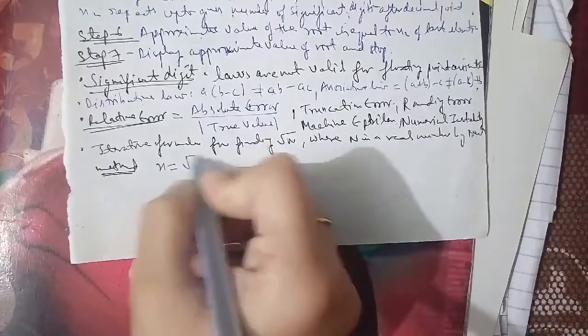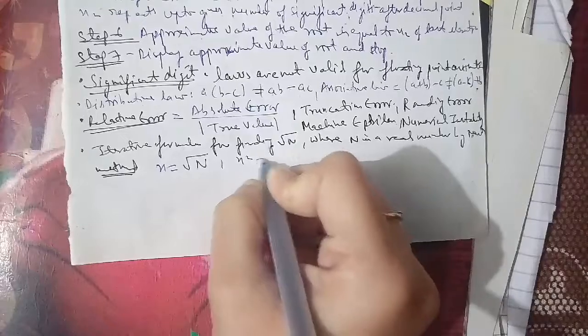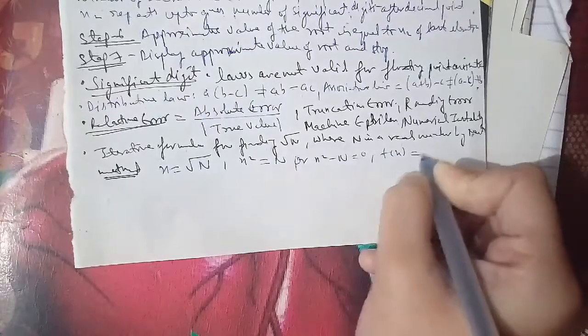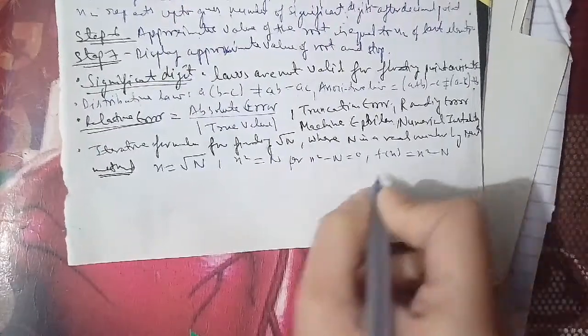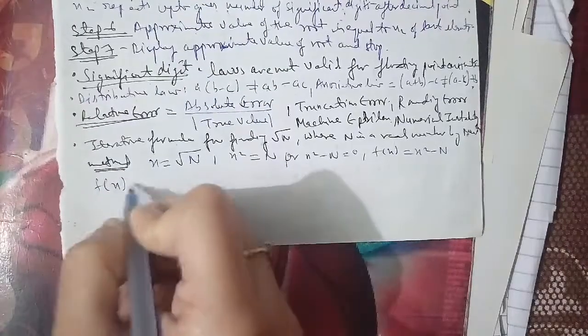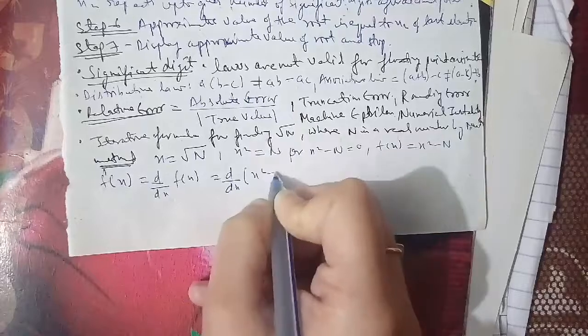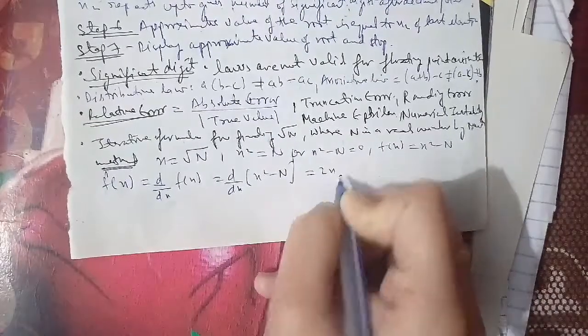So for the same we go ahead here, and we'll find it out as well. x is equal to root N, where x squared equals N, or x squared minus N is equal to 0. Then f(x) is equal to x squared minus N, and f'(x) equals d by dx of f(x), which is d by dx of x squared minus N, which is equal to 2x.